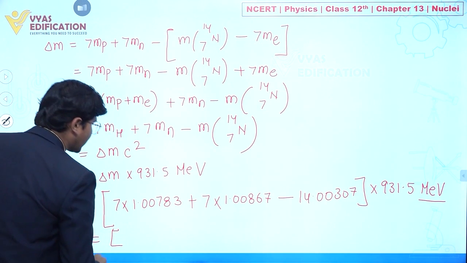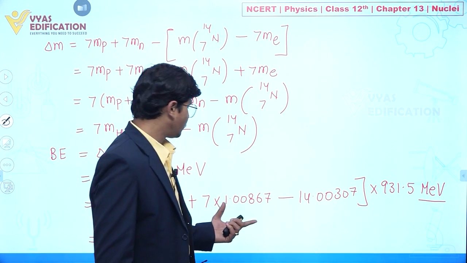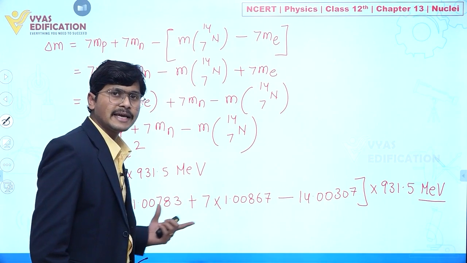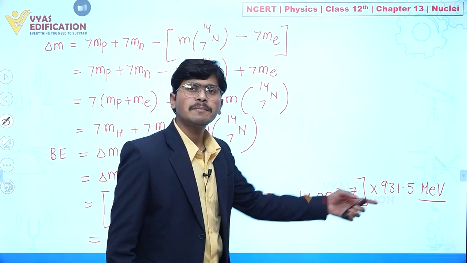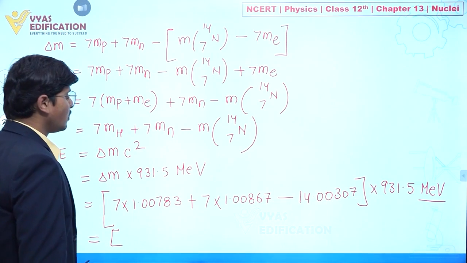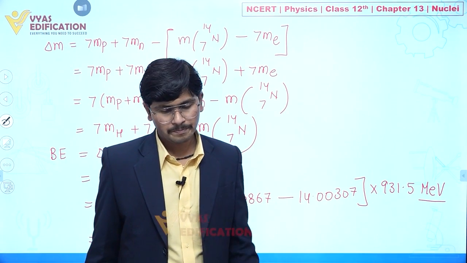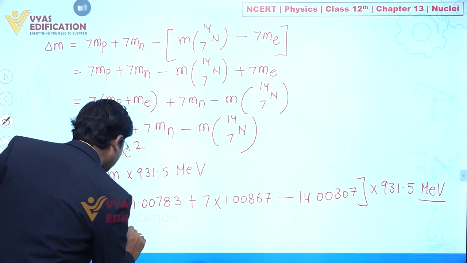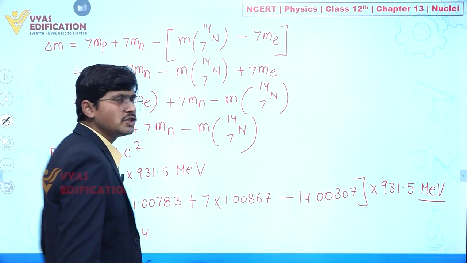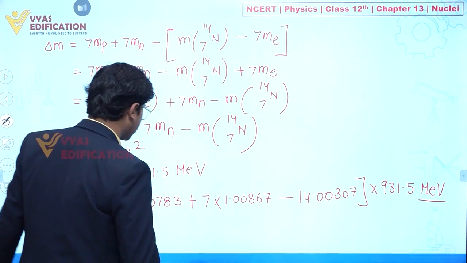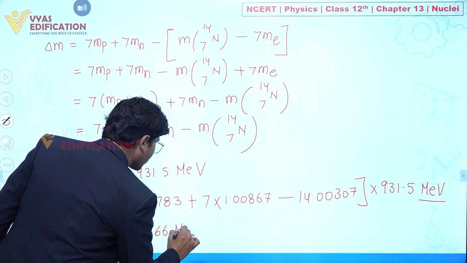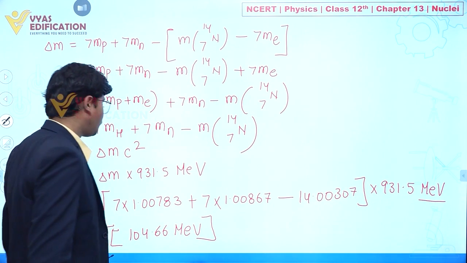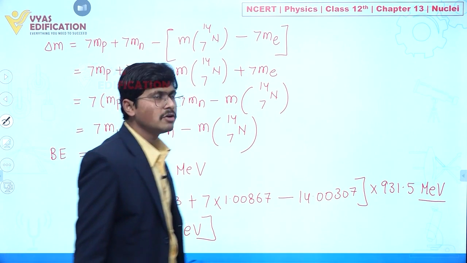Then subtract, and then multiply it with 931.5 million electron volt, clear. So at that time you can get this value near about 104.66 million electron volt, clear.